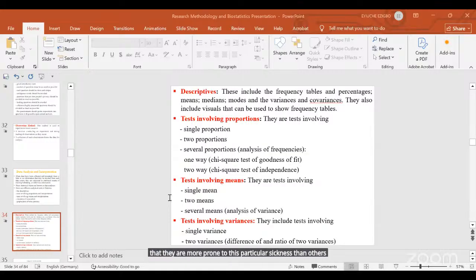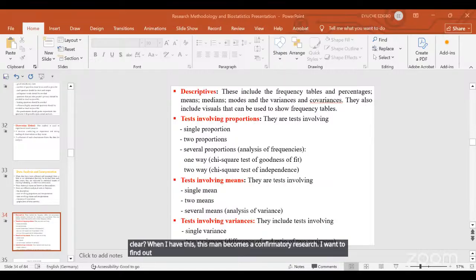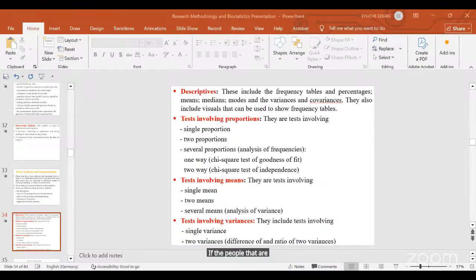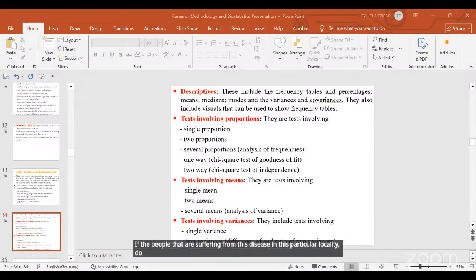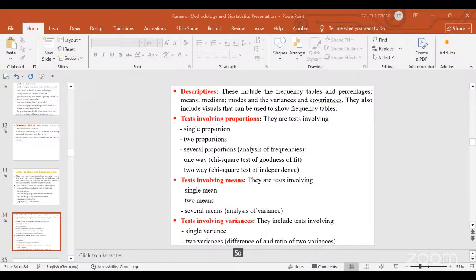Is that clear? This now becomes a confirmatory research. I want to find out if the people that are suffering from this disease in this particular locality conform to this WHO standard. I'm sure it's understood.